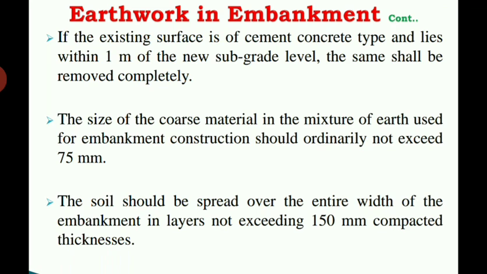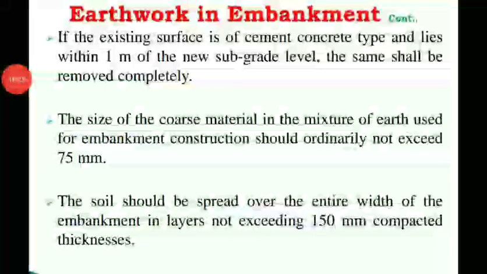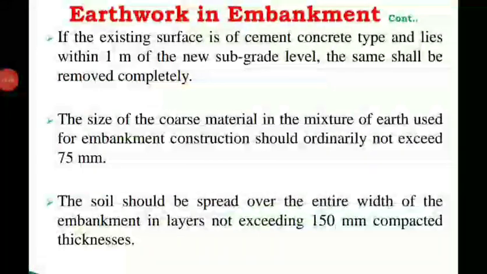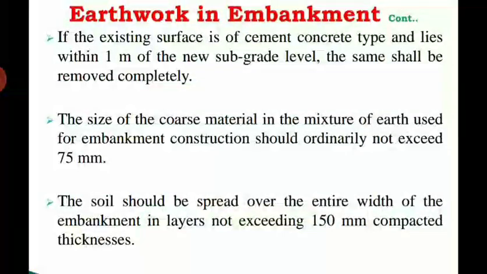And the size of the base course material in the mixture of earth used for the embankment construction should not exceed 75 mm. So whatever material we are using, that is soil and all, it should not have a larger size than 75 mm, meaning it should be within that 75 mm itself.